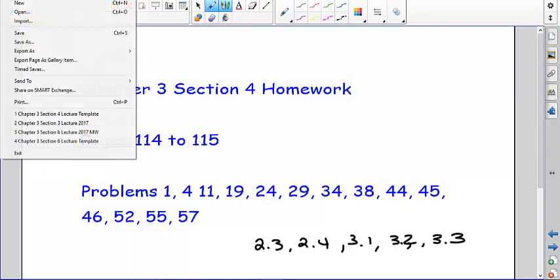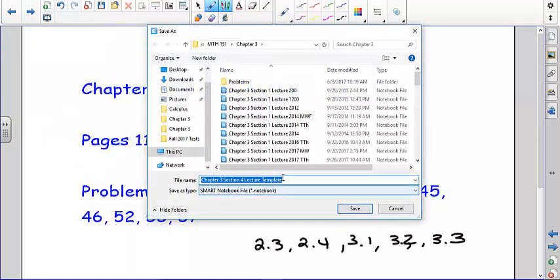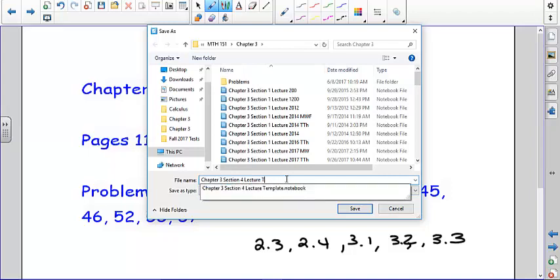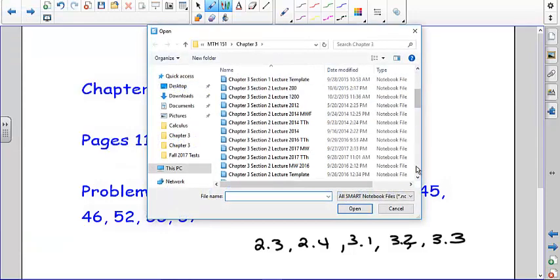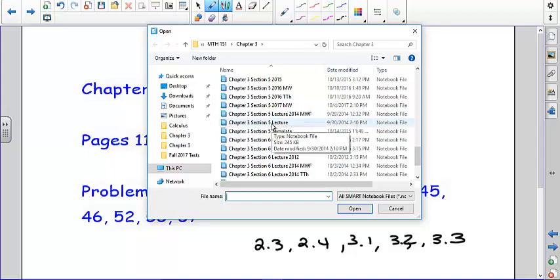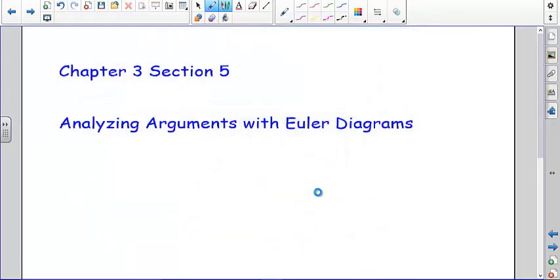Okay, so let's save that. Now we're going to finally get into the main reason for all this stuff. Even though we're not really going to get into it until section 6, we're going to go through section 5 anyway, because it's leading up to what we're doing in section 6.